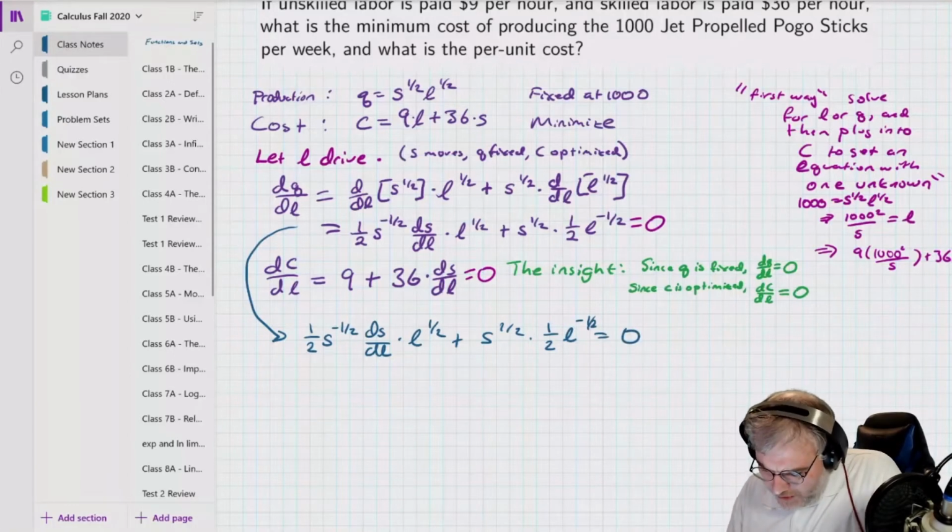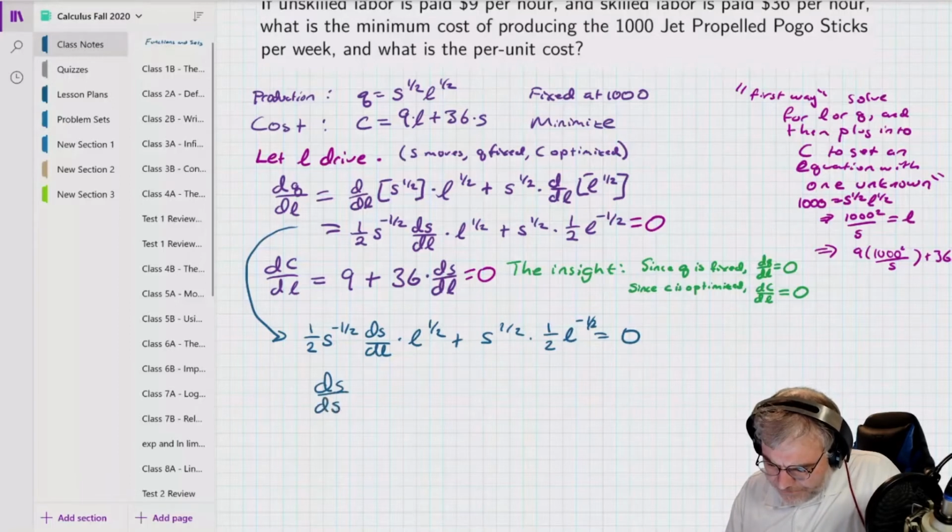So now I'm going to solve for dS over dL. I'm going to move everything on this side over here. So I get dS over dL equals everything that was here, stuck over here, and then when I combine these things and divide over, this stuff here goes on the bottom.